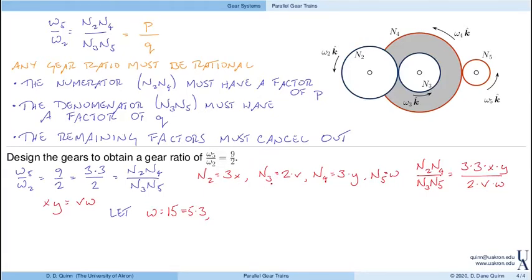So let's say that N3 is 24, which means that v is 12, which is equal to 2 times 2 times 3. See, there's a lot of prime factorizations that go on here. As a result, now I need to choose x and y so that their product is equal to v times w. Well, really, I'm just going to take these different factors and distribute them between x and y.